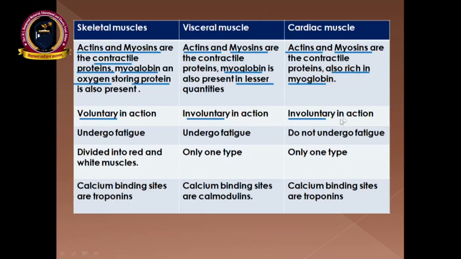And in case of cardiac muscles, the contractions are controlled and regulated by a special patch of specialized muscle tissues, which can generate the rhythmic contractions of these muscles by creating the signals.